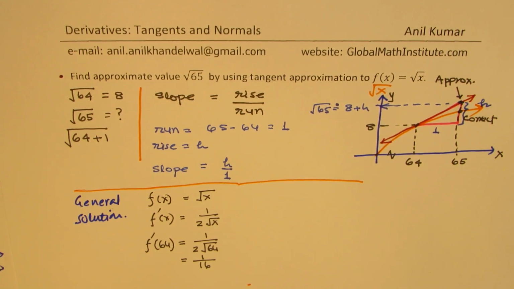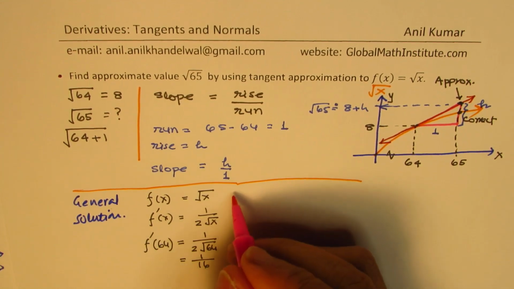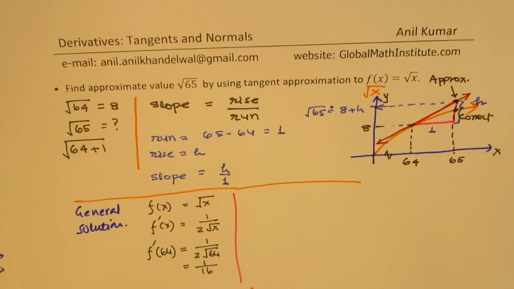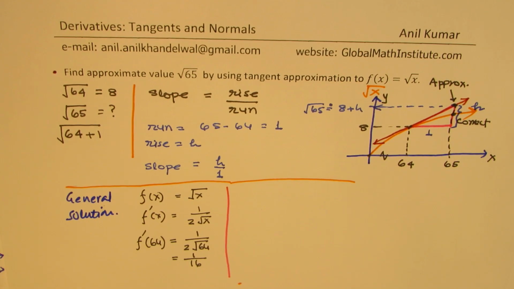Now, in general, if we're trying to find the value at any point which is close to 64, we could use this point. So let's figure this out first and then we'll generalize it.